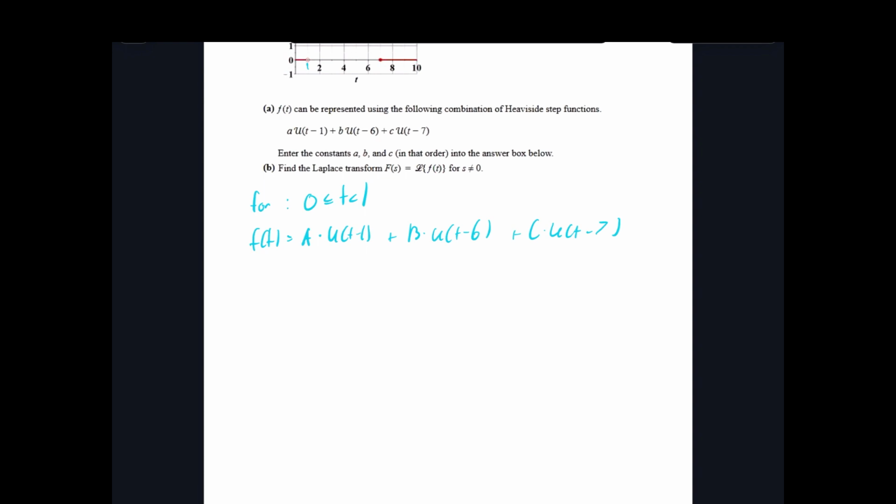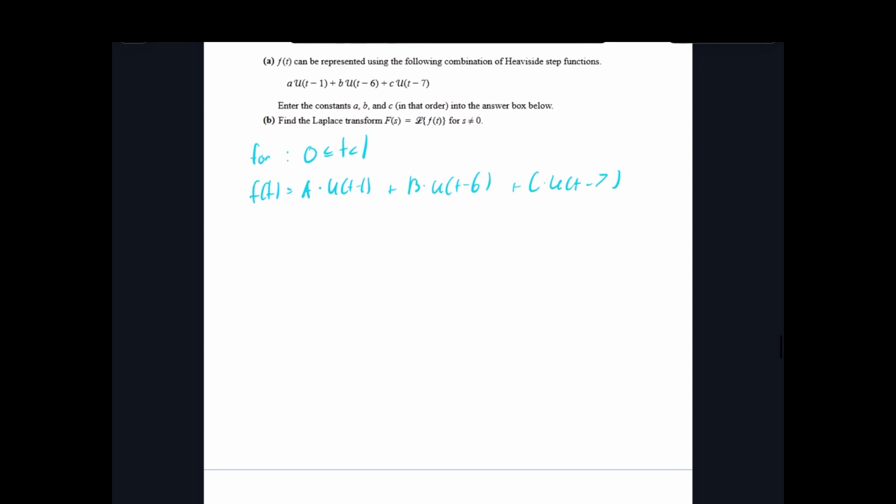You can refer to the slides to see how I got this format exactly. So I have my 3. I went up to c in this case, and because it's 0, I'll have u at t minus 1 equals 0 equals u at t minus 6 equals u at t minus 7.